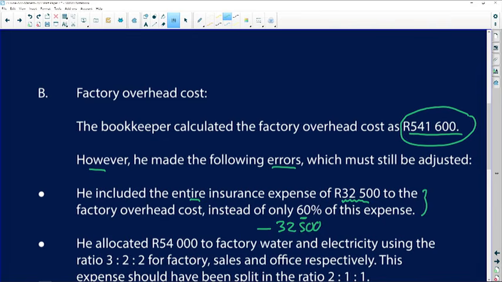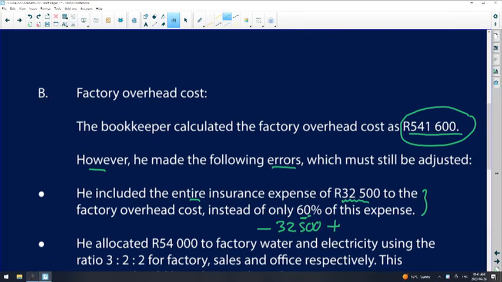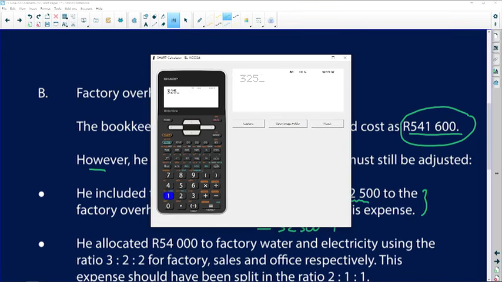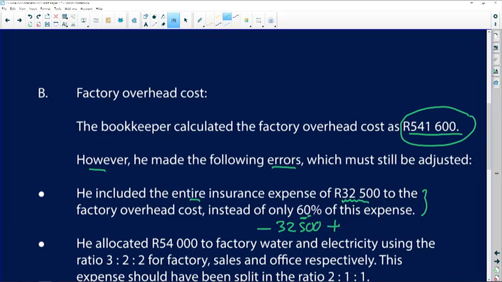What must I now add? I need to add only 60% of this expense. I've subtracted the mistake, and now let's add the correct amount. The correct percentage is just 60%, not the entire amount, so I now include 19,500.